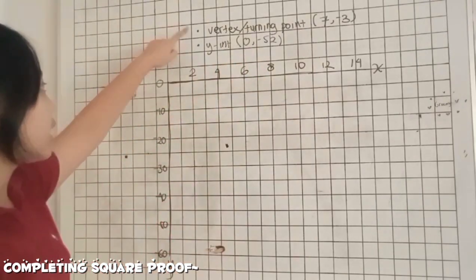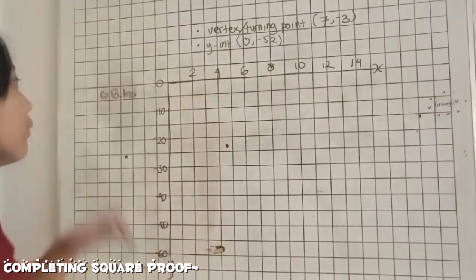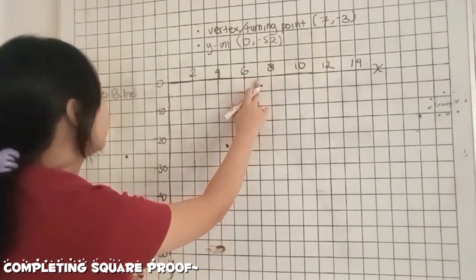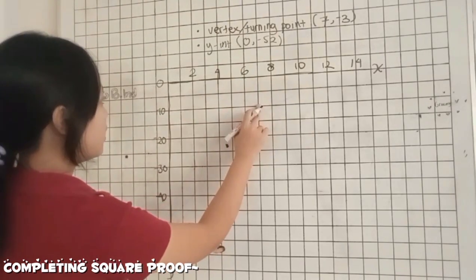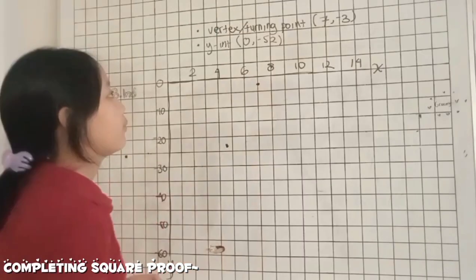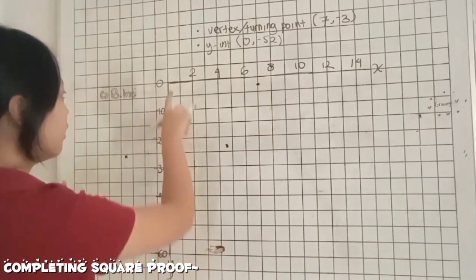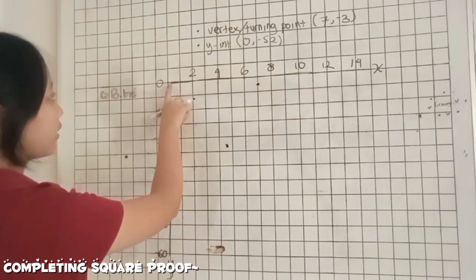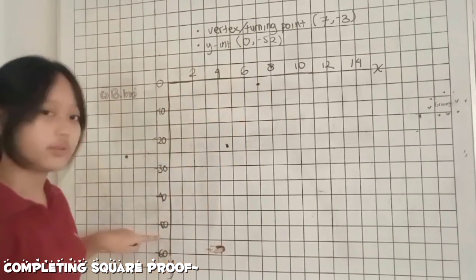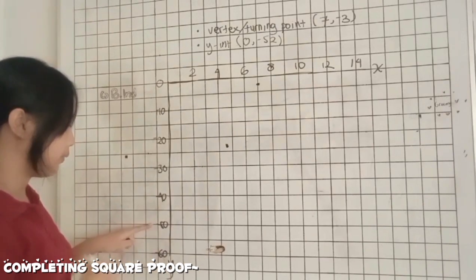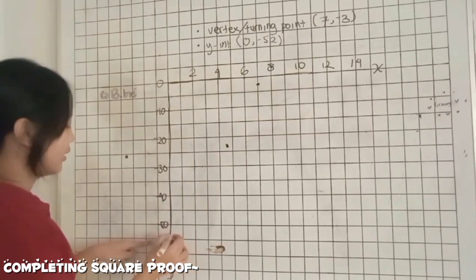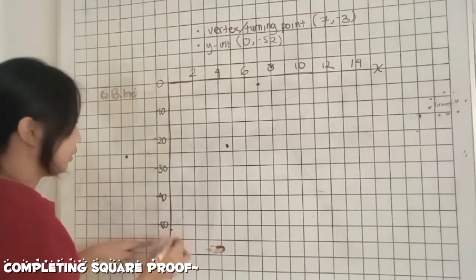So we sketch the vertex first. 7 for the x, so it will be here, right? And then minus 3, because this is minus 10, this is minus 5, then around here. And then the y-intercept lies on x 0, and then minus 52 here. So here is minus 50, here is minus 55, so minus 52 I believe will be around here, right?